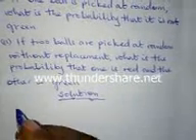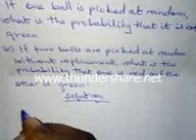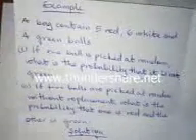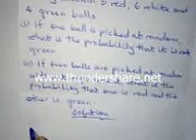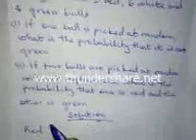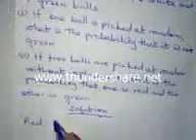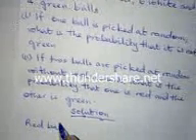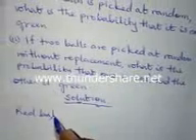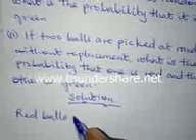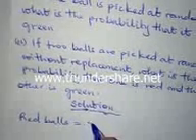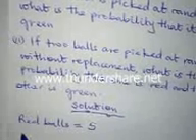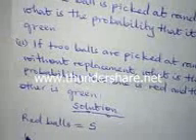So how many red do we have? Number of red balls here equals 5. Okay, then we've got white balls.